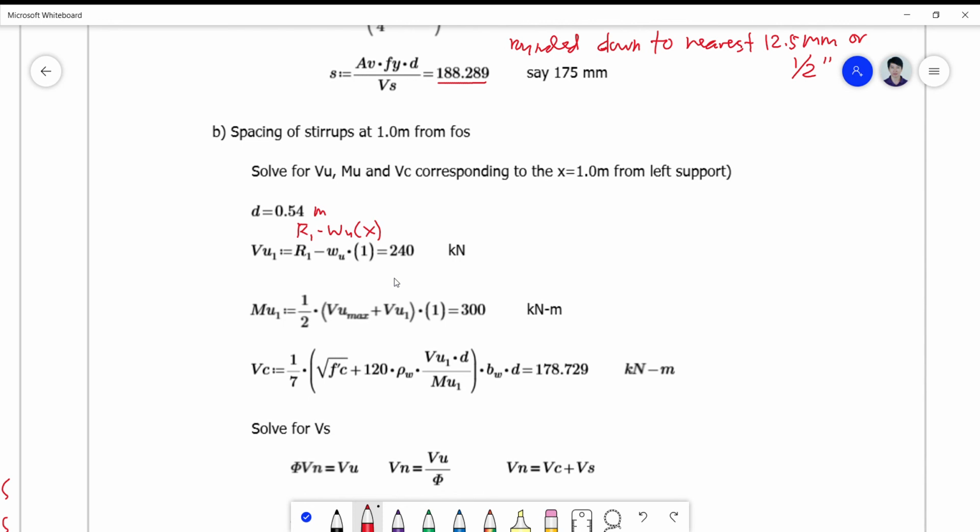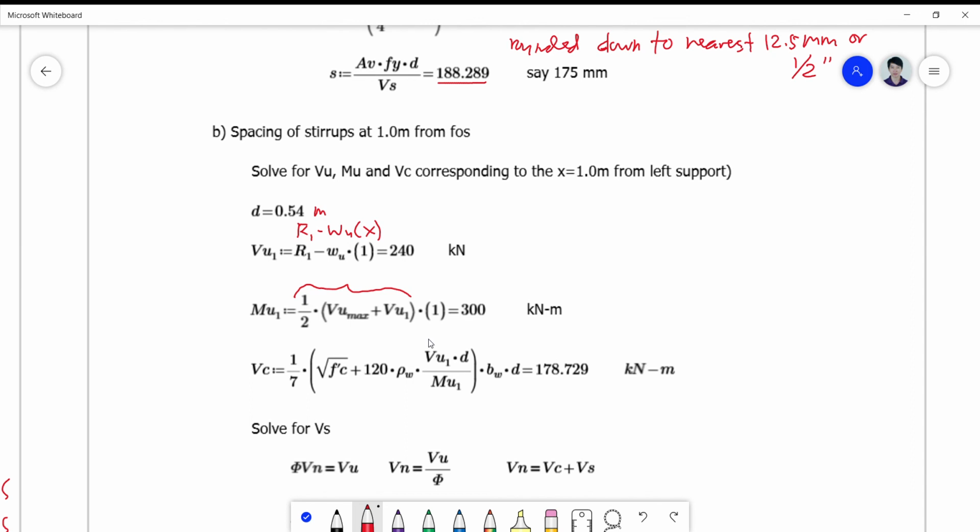So for the moment, again, we simply get the area of the trapezoid, which is 1/2 of the sum of Vu max plus Vu at 1 meter multiplied by the distance from the left support, which is 1 meter, obtaining a value of 300 kilonewton meter.